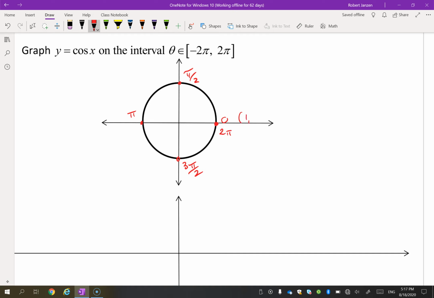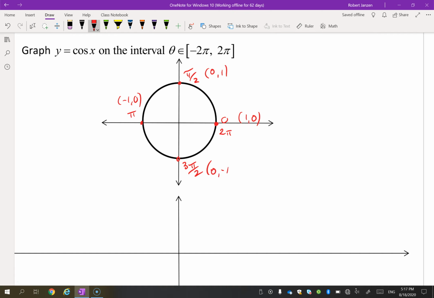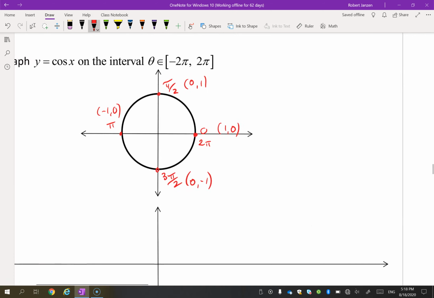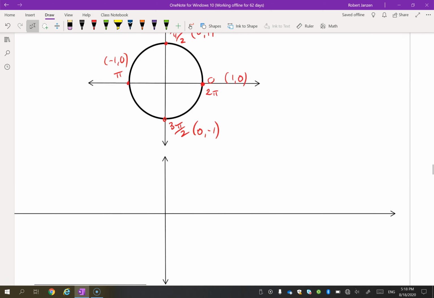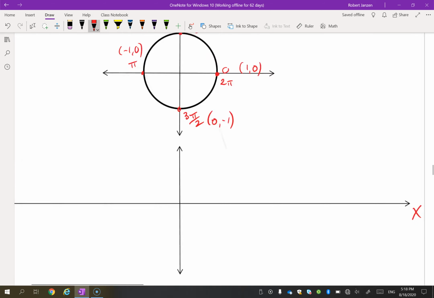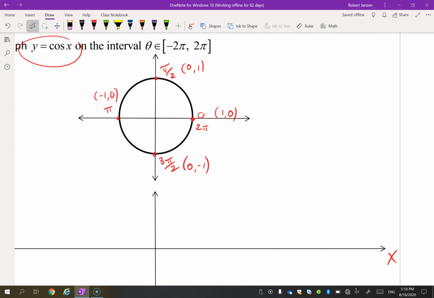Looking at the values, we have 1, 0, negative 1, 0, 1. I think on the last graph I said this was theta. We should actually say it's x, because we're doing y equals cos x. So that's going to be x, and this is going to be cos of x, or if you prefer, we can just call this y.